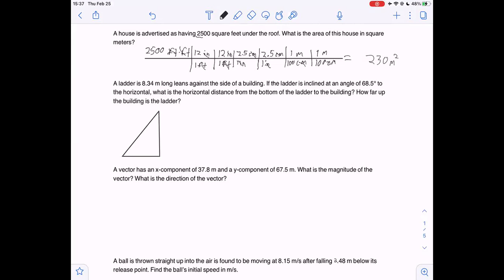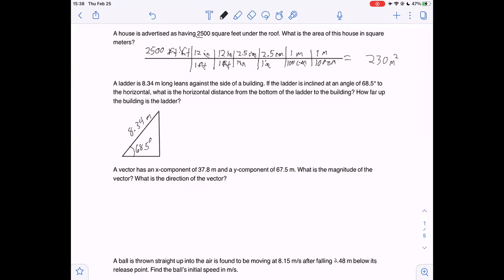So we know it is 8.34 meters long. We know the angle from the horizontal, meaning from the bottom, is going to be 68.5 degrees. What now? What equations are we going to use?